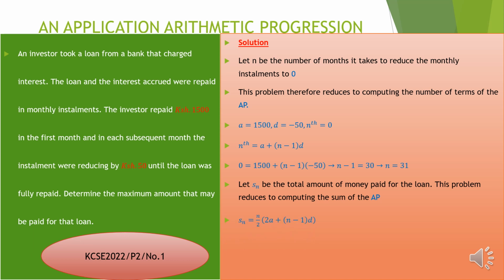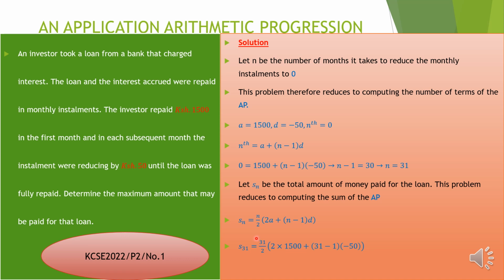Remember that the sum of any arithmetic progression is given by Sn equals n over 2 into bracket 2a plus n minus 1 into bracket, all of it multiplied by d, then you close the bracket. For this case, we can substitute the values. Here n is 31.